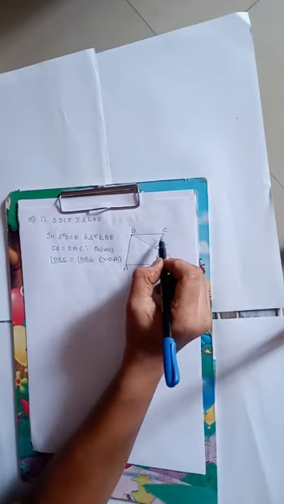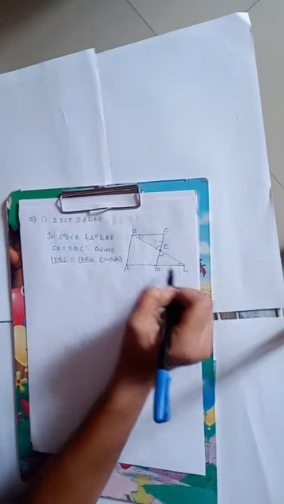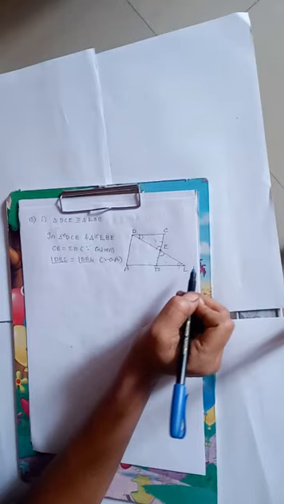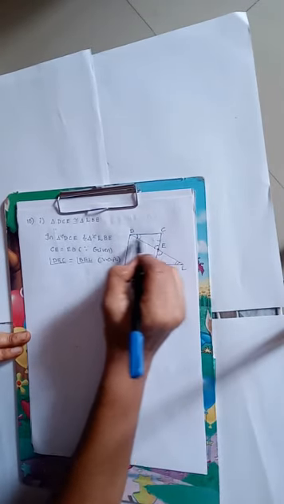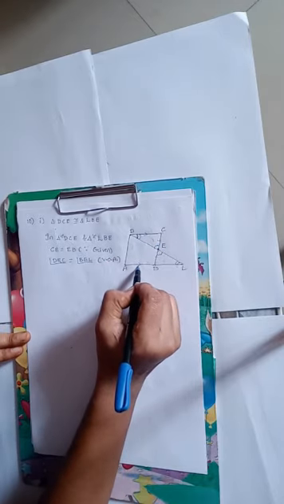See, this angle and this angle you can take. These two angles are interior alternate angles. How will these two angles become interior alternate angles? ABCD is a parallelogram, which means DC is parallel to AB.